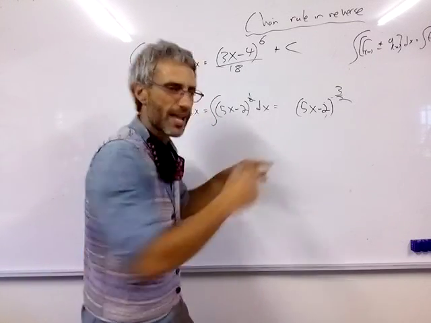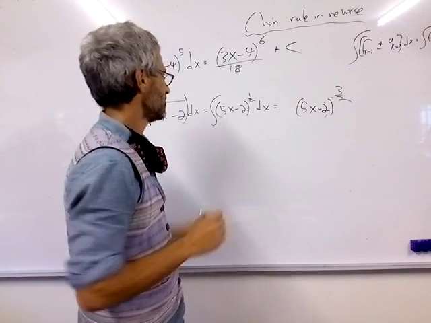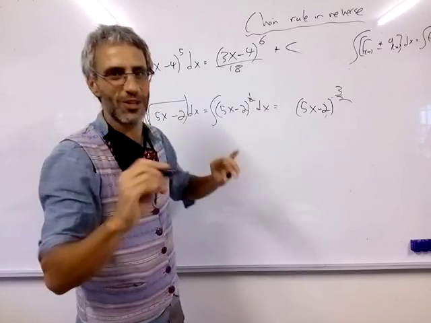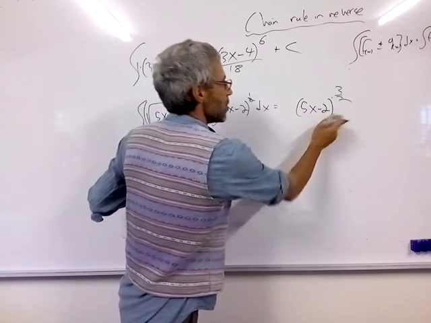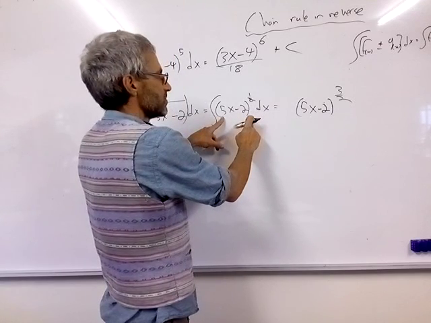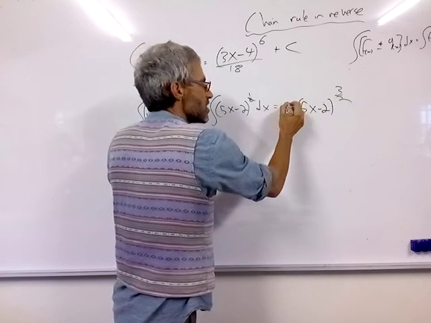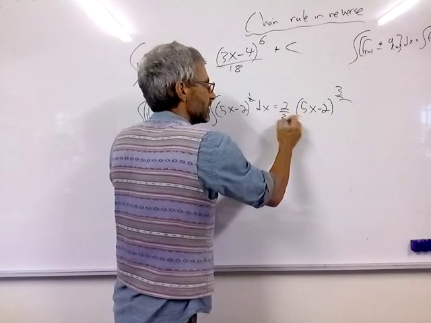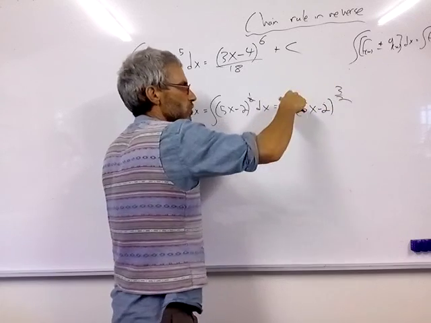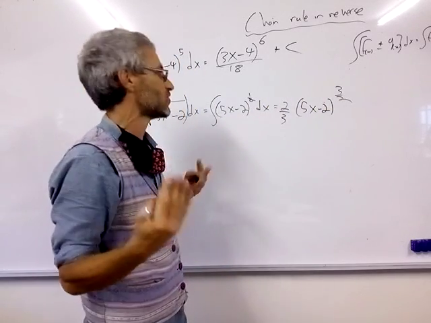Now, if I think about it, actually I can work it out straight away. Maybe I should do it now, and then I'll show you that it works. I know that if I do, in my head, the derivative of this, I'll get 5x minus 2 power half, but then the 3 over 2 will jump out. So I need to prepare something to kill it. As soon as the 3 over 2 jumps out, 3 over 2 times 2 over 3 is 1, so that's going to kill it because I've got no constant.